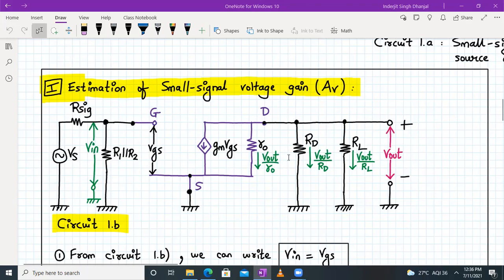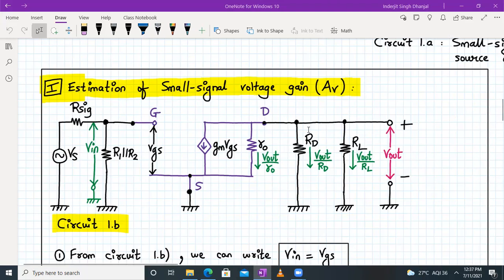So if you look carefully at the output node across the RL, if you apply the normal KCL, you have the current flowing into the ground terminal across RL. The current will be given across this as V out divided by RL.